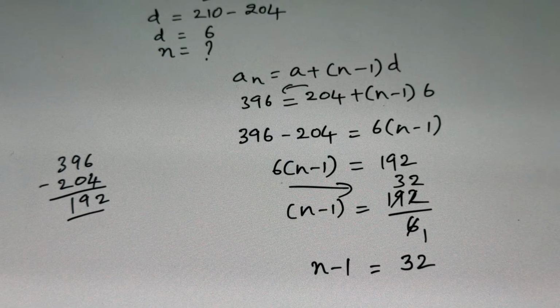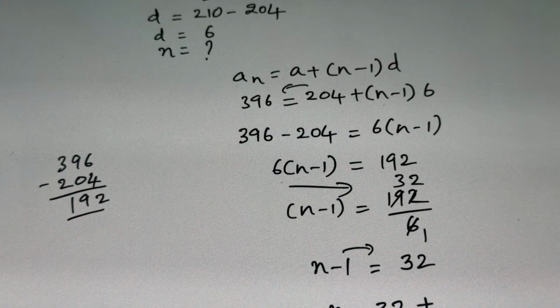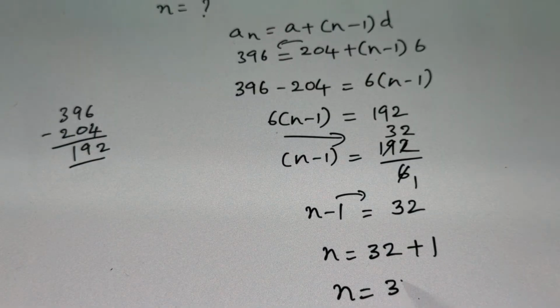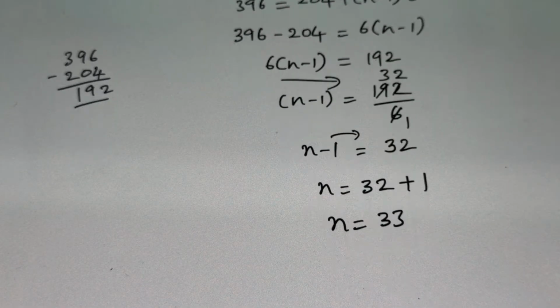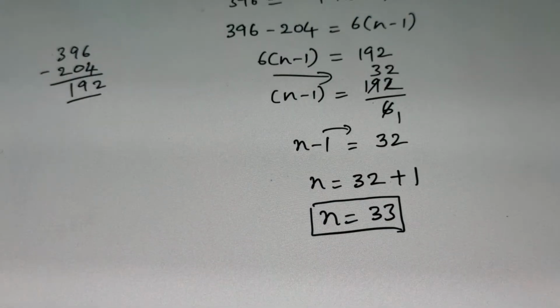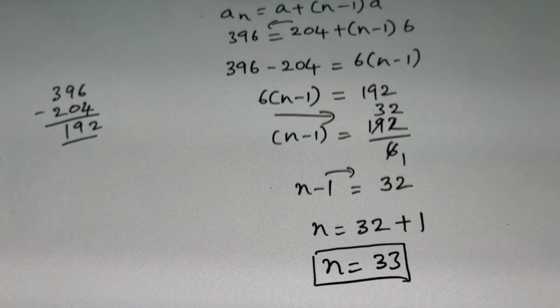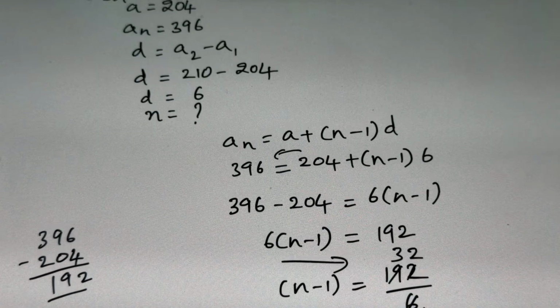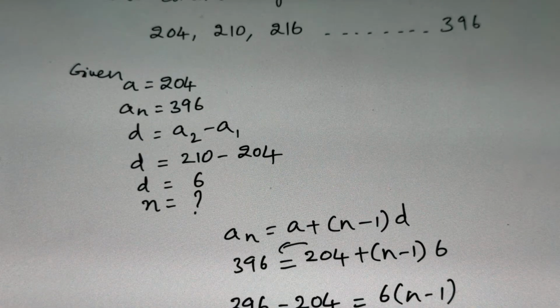Now shift minus 1 to the right side. If you shift minus 1 to the right side, it will become plus. So n is equal to 33. So the number of terms we have found out is n equals 33. Kindly revise the problem.